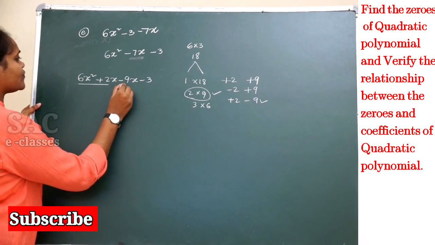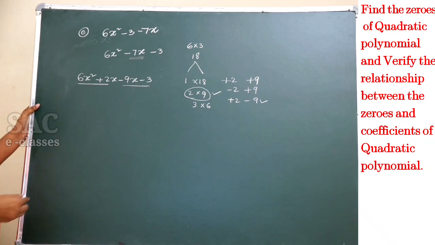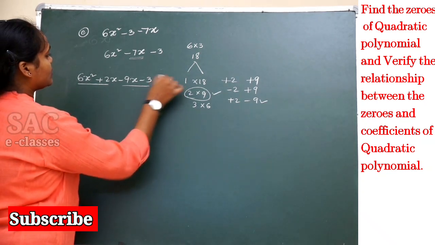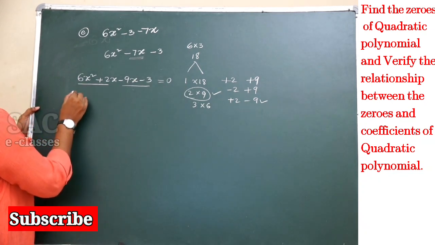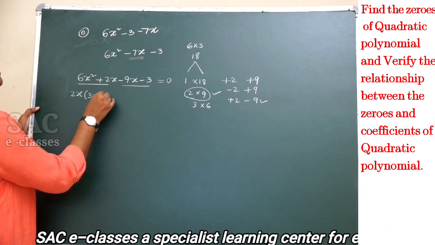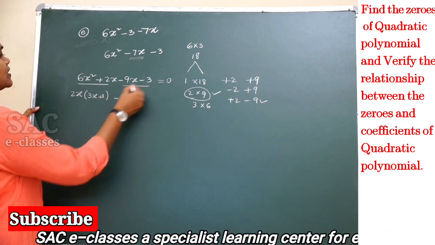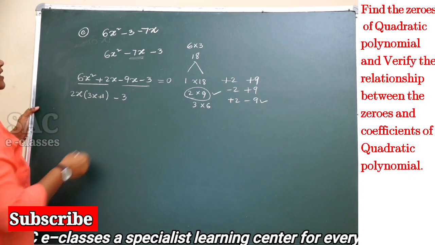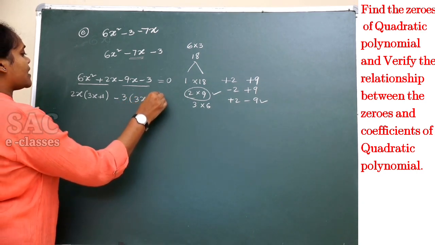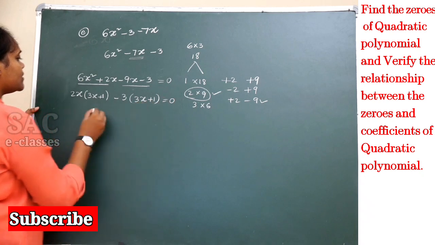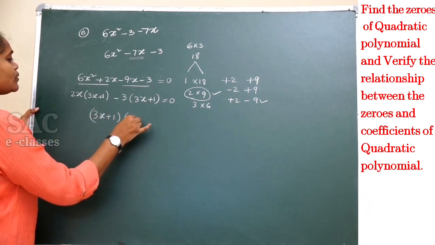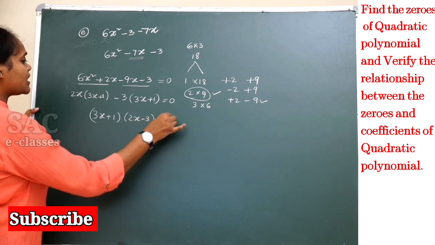Let us take the first two terms as one group and the remaining two terms as one group. Make it equal to 0. So take out 2x, you may get 3x plus 1. In the same manner, now the common factor is minus 3. After taking minus 3 as common, 3x plus 1 is the factor. By simplifying, 3x plus 1 into 2x minus 3 will be obtained.